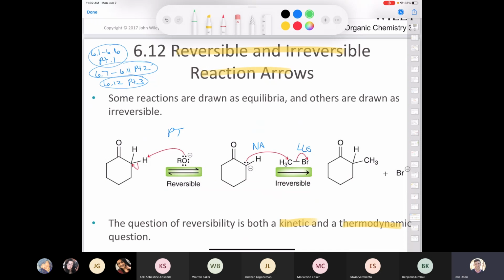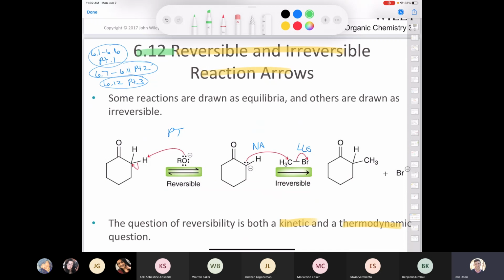Section 6.12 deals with reversible and irreversible reaction arrows. The reason I have it memorized is because so often I've been teaching, just enjoying life, and my students will say, "Hey, Mr. Dion, why are these reaction arrows reversible and these ones irreversible?" And I'll say, "Go back to section 6.12. We did cover it in that section."